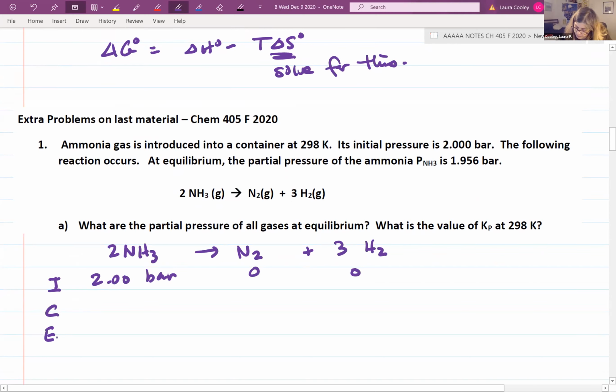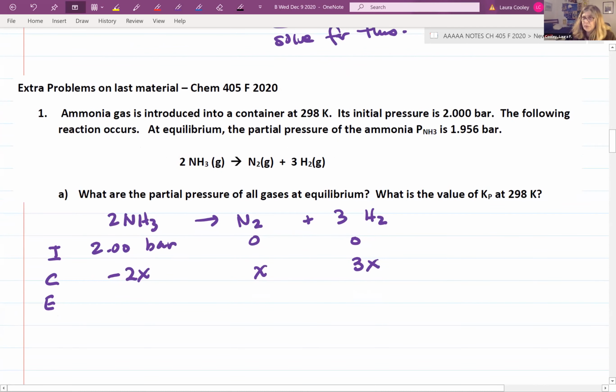And then you would basically have to solve kind of an ICE problem, but not a very hard one. Because this would react away, so you'd lose 2x. Remember the good old x, and 3x. Is everyone with me on this? Yeah, it looks familiar. Good. So this is 2 minus 2x, x, and 3x.